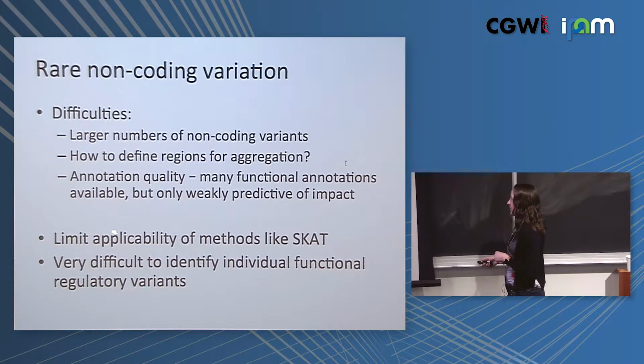So this limits the applicability of methods like SKAT and the mixed models, and also the burden test methods where we have to define a region. And if we have a lot of variants, many of which are benign or have very, very small effects, it's simply not going to give us good results. And further, it's very, very difficult, of course, to identify individual functional rare regulatory variants.